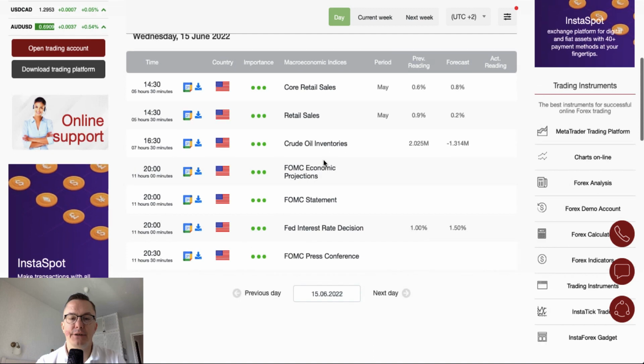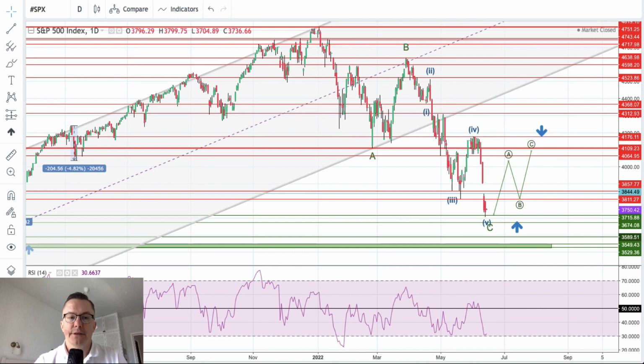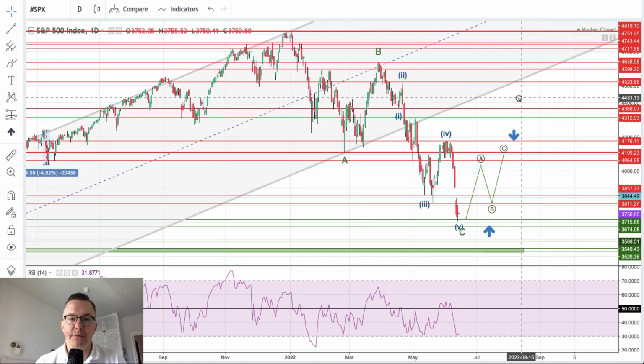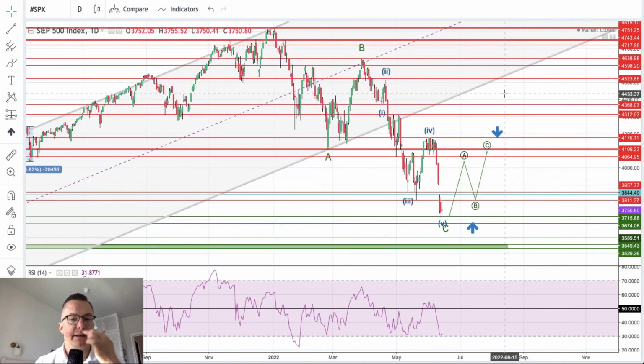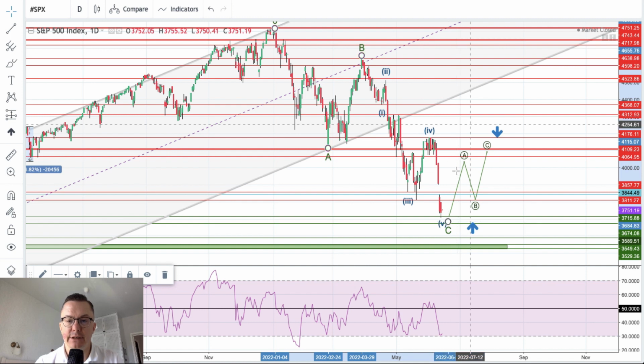Let's start our analysis with the S&P 500. The daily time frame chart of the S&P 500 index is behaving according to our analysis. So far we've made waves A, B and C to the downside.